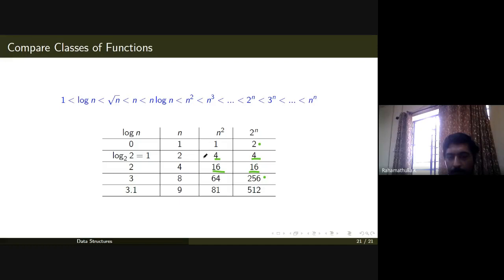For example, here in between you can write something like n raised to 100.